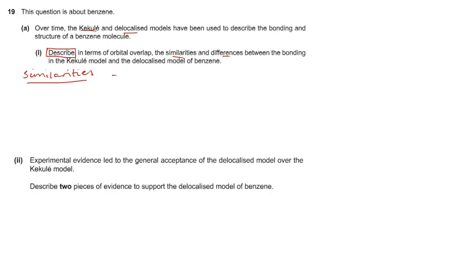Okay, so I would suggest having a couple of subtitles, right? So similarities, and I'll leave you to put this into a proper full sentence, right? But they both make pi bonds by the overlap of p orbitals that are perpendicular to the plane of the ring of carbon atoms. Right, so say something about perpendicular or sideways.